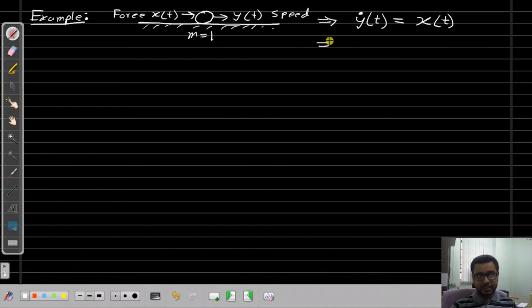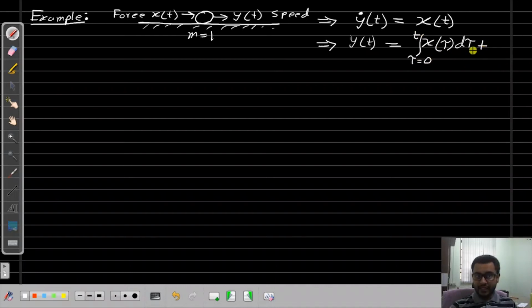And from this we can write, by integrating this equation, that y of t will be integration of the force x of tau d tau, tau running from some time t equal to 0 to an arbitrary time t.